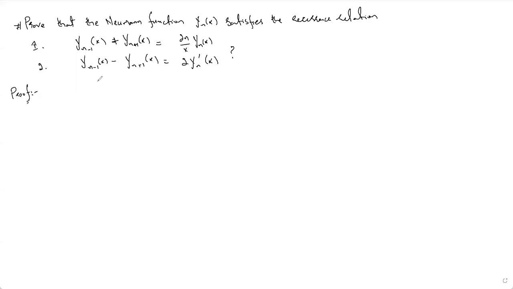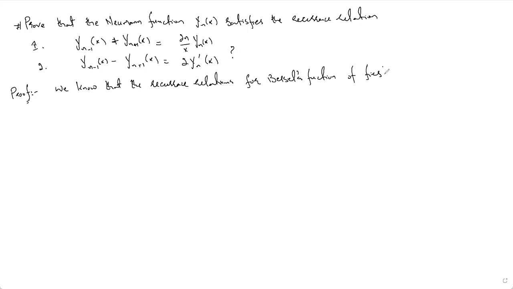Now you already know the recurrence relations for the Bessel functions of first kind. The first relation there was Jn minus 1 of x plus Jn plus 1 of x is equal to 2n by x Jn of x.